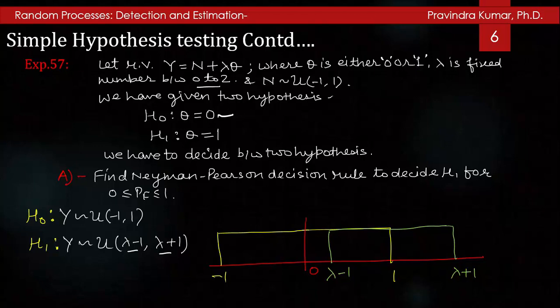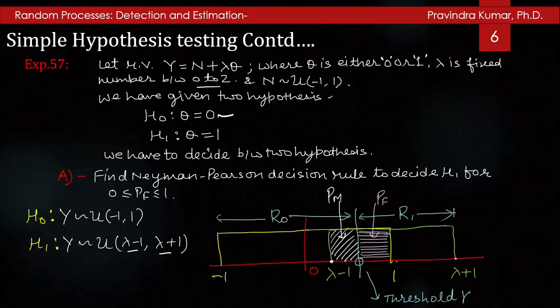It is under hypothesis H0, and from lambda -1 to lambda +1 it is under hypothesis H1. If I consider the threshold here, the region R1 will be this critical region, and region R0 will be this. The probability of false alarm will be given by this shaded region, and the probability of missed target is given by this shaded region.